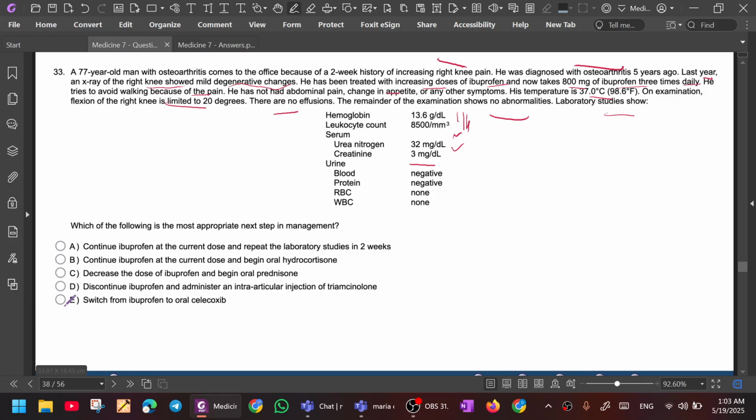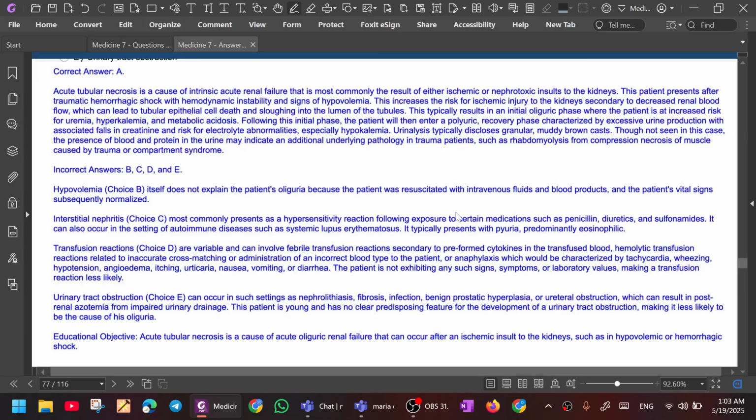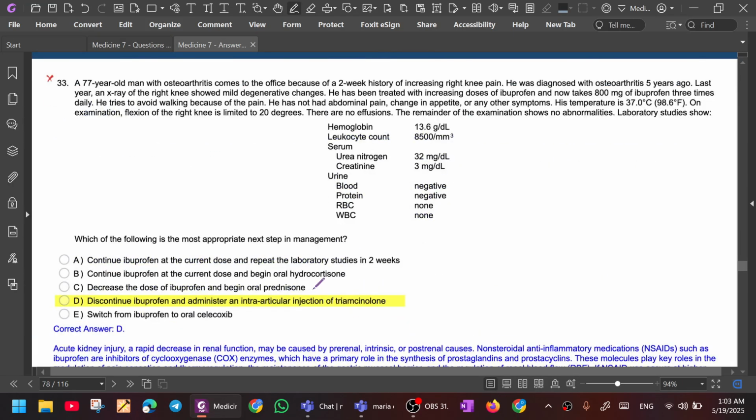Should we switch? Probably, because decreasing the dose is not going to improve his creatinine either. Yeah, probably switch, isn't it? Yeah, makes sense. Okay, next. You are right. Yeah.